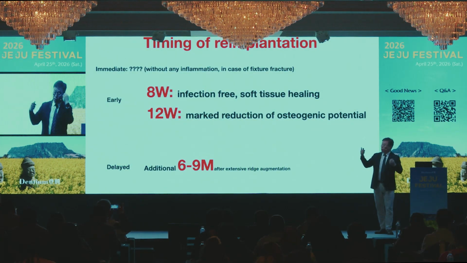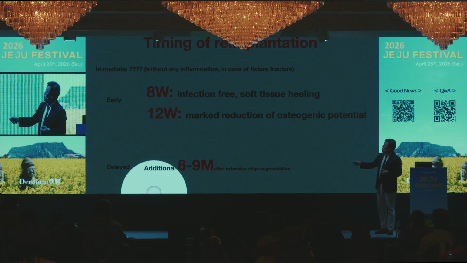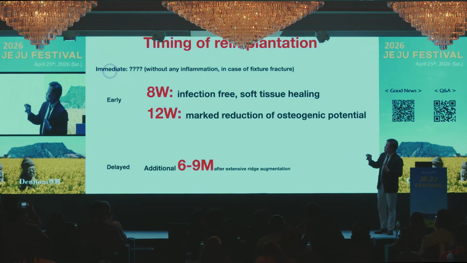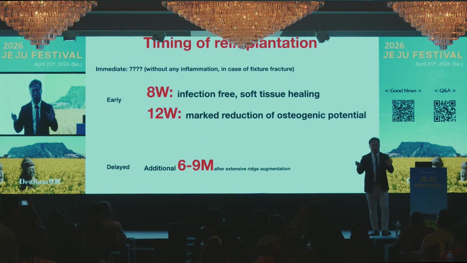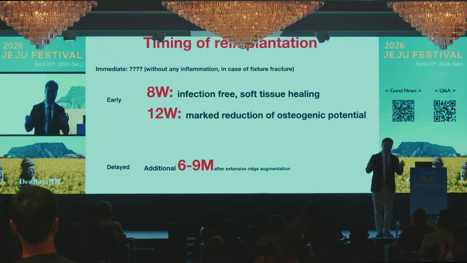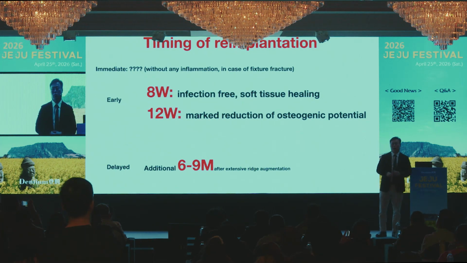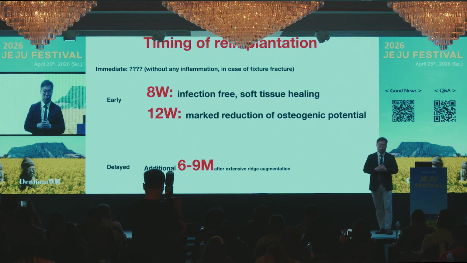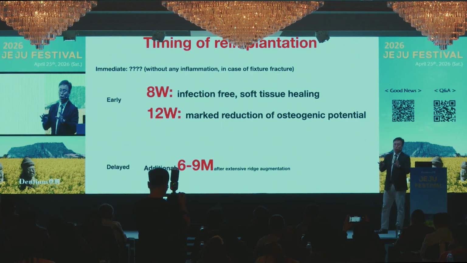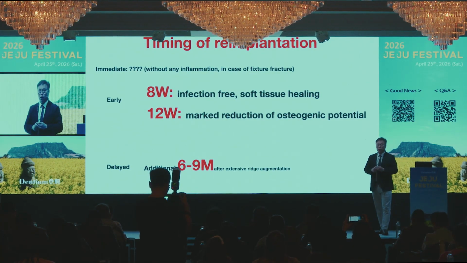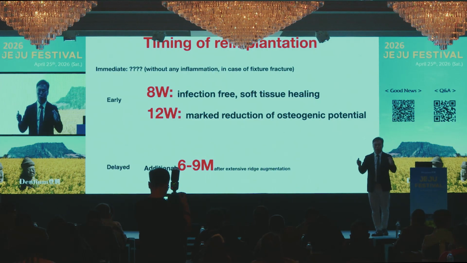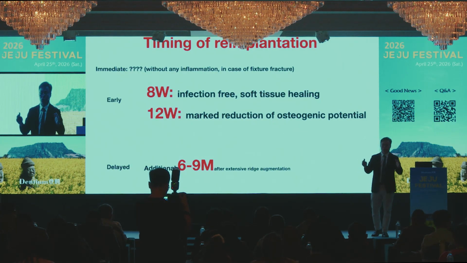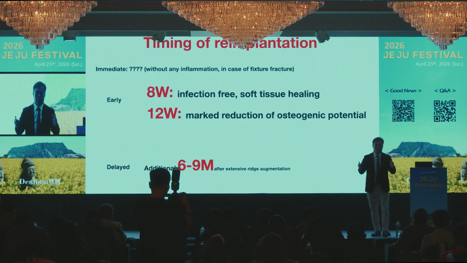Let's summarize. Sometimes we can place an immediate reimplantation. Sometimes with a mechanical complication or implant fixture fracture, we can consider, after removing the implant, placing a new implant at the same time, immediately. But it's not common, as Dr. Lee mentioned, because most failures happen due to peri-implantitis.